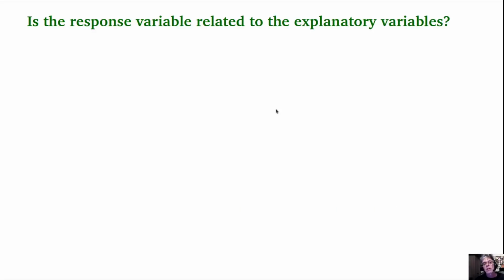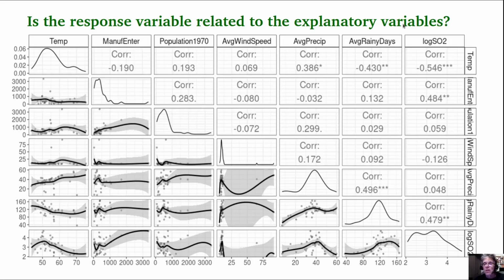So now we need to answer the question of whether the log of the concentration of SO2 is related to all the explanatory variables in the set, for which we made a matrix of plots. In the diagonal, we have the density curves for each of these variables.